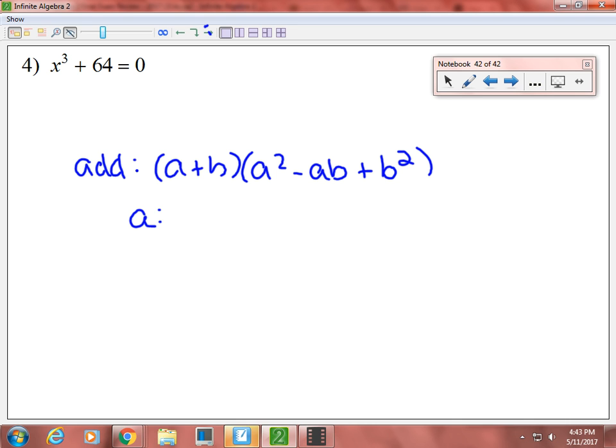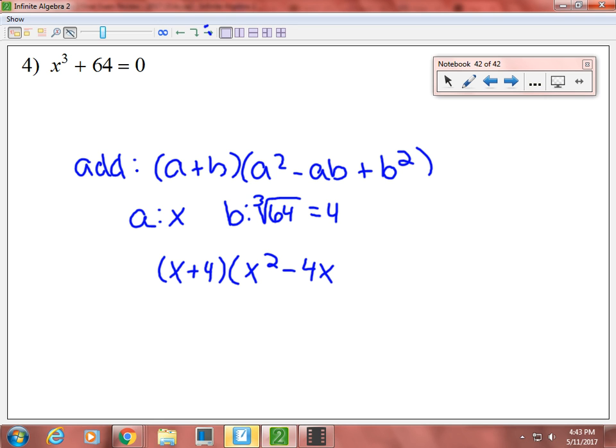Well, my a value is going to be x, because that's the cube root of x cubed, and my b is going to be the cube root of 64, which is 4. So now you're just plugging it into the equation, and you get x plus 4, then x squared minus 4x plus 16. If you needed to find the zeros of this, you could use the quadratic formula, but this one is only asking us to factor.